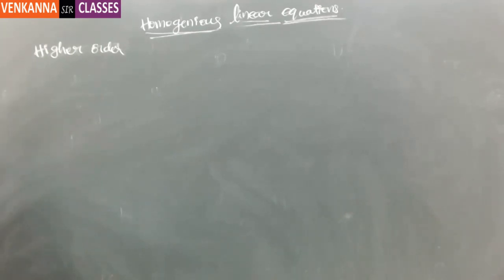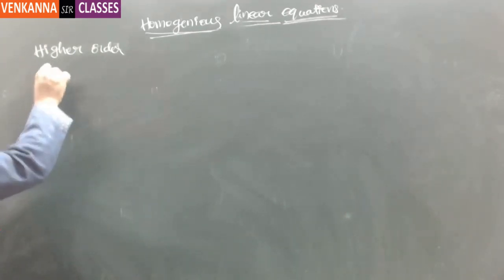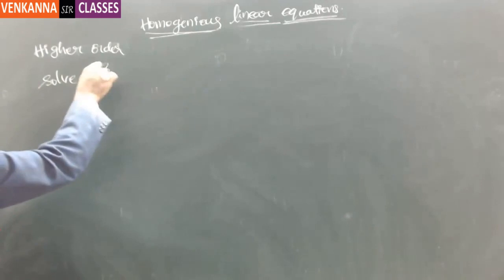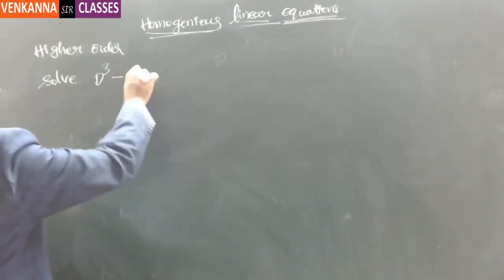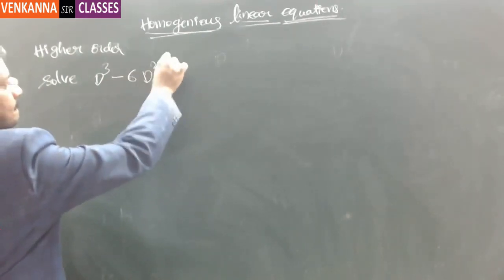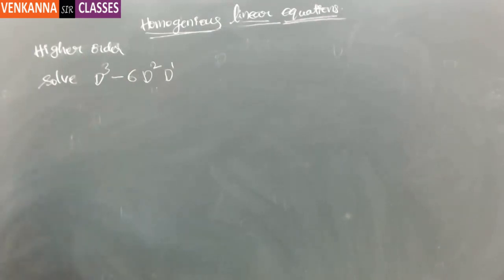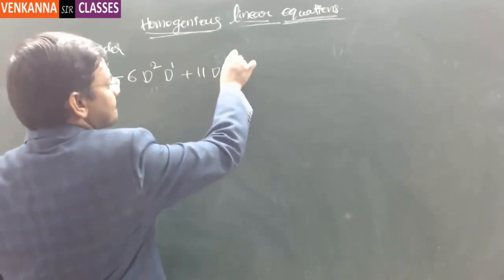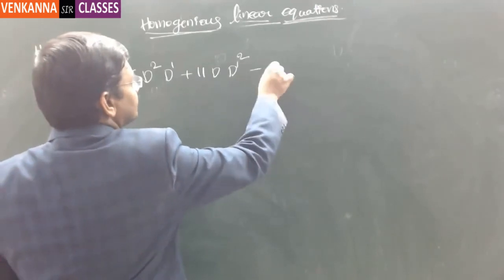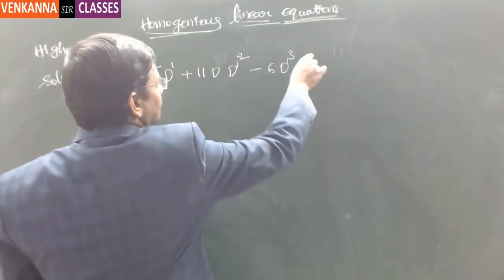Solve D cube minus 6D square D dash plus 11 D D dash square minus 6D dash cube equal to 0.